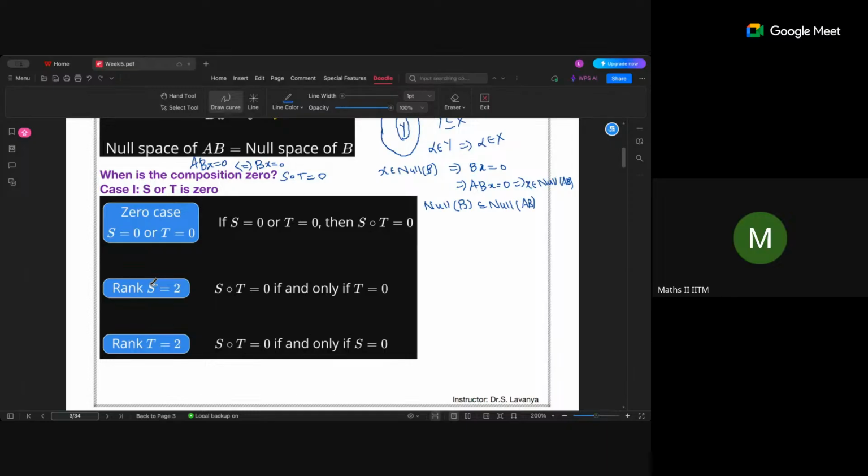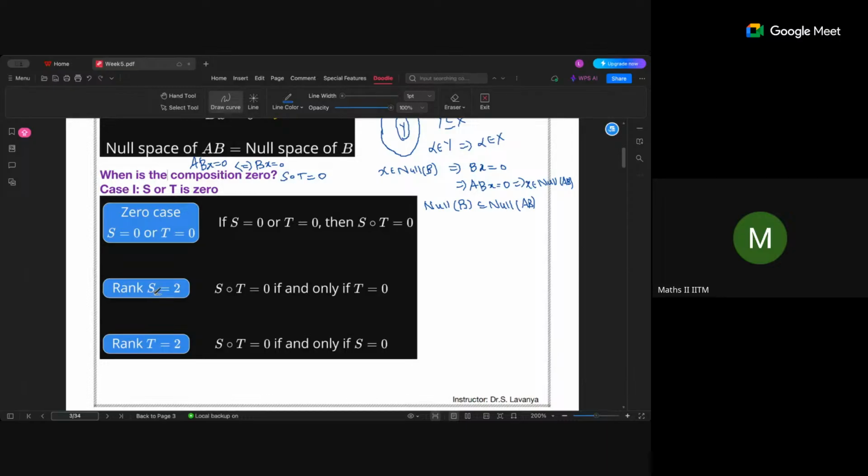Why is that so? What does it mean if rank of S is equal to 2? You can talk about it in terms of the determinant also. It is a 2 into 2 matrix whose columns are linearly independent, and the determinant is not equal to 0.